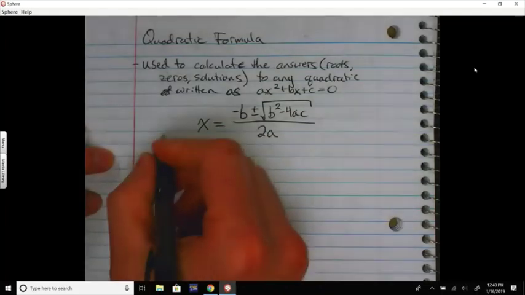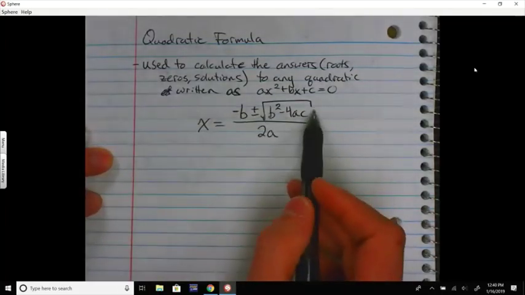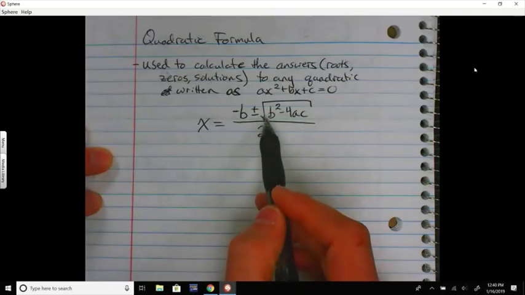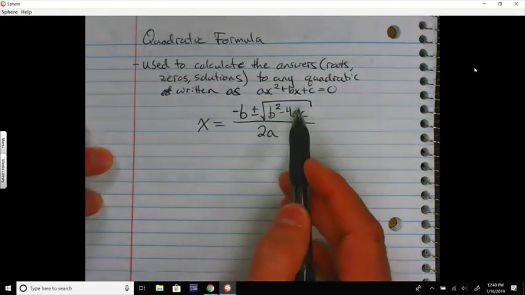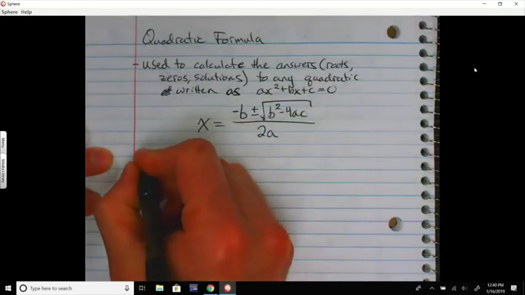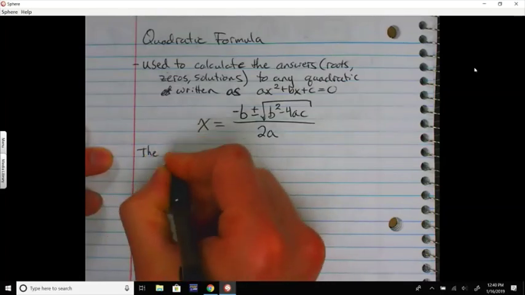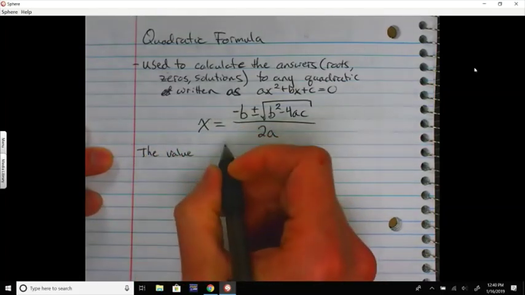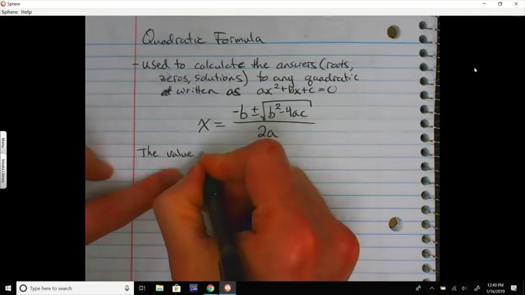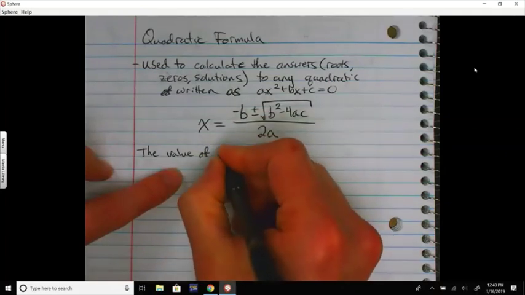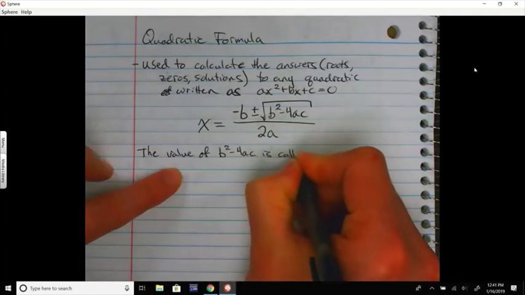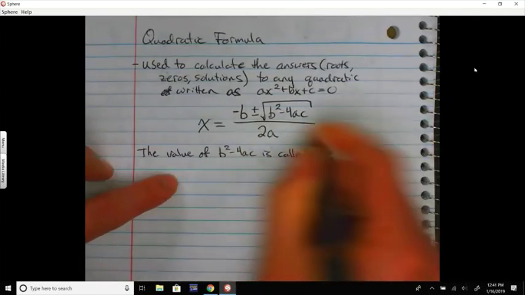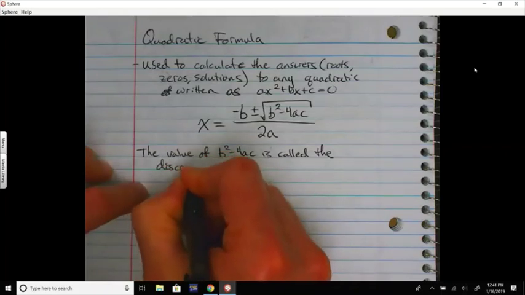Okay. So the first thing we're going to look at is this right here that's underneath the square root. The b squared minus 4ac, that's inside the square root. This is going to be what's called the discriminant. Yep, we're going to be discriminating. So the value of b squared minus 4ac is called the discriminant.